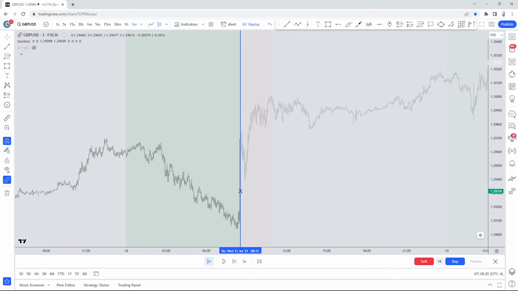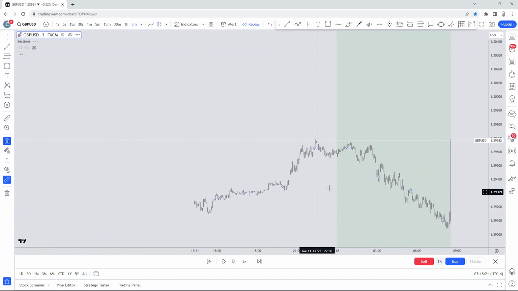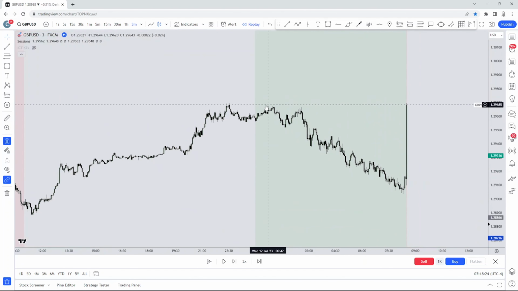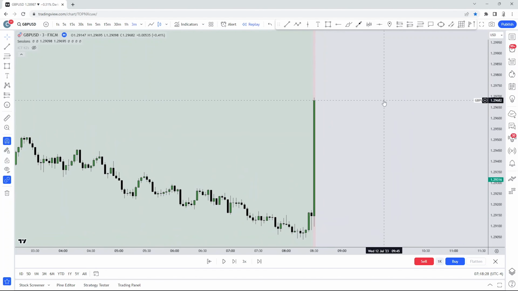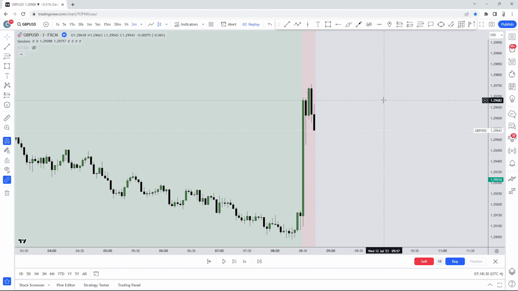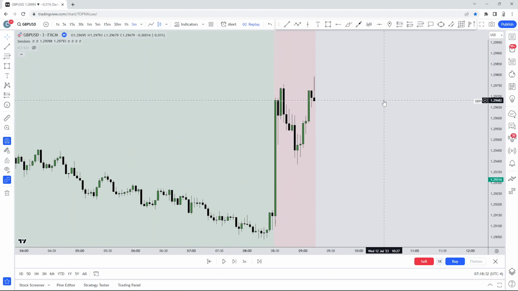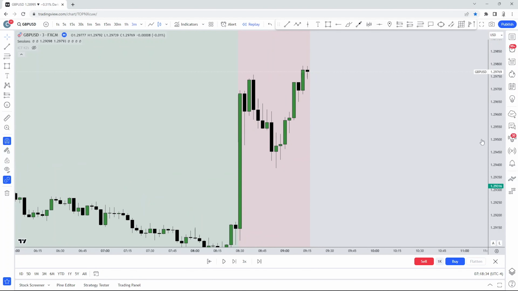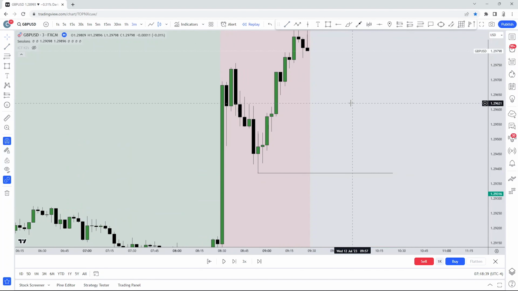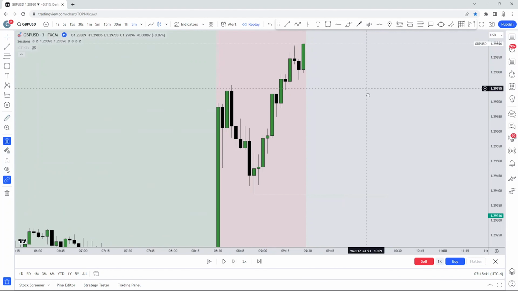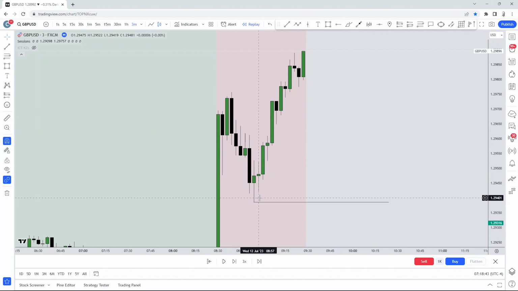Here we go. This day right here. We have the highest point, which is exactly right here, and it was broken in this pink zone, so we are looking to sell. So we're looking for some structure to be formed, and here we formed some structure already, which is very low. Of course, we cannot take a trade like that because look at that, 45 pips, we would never consider that.